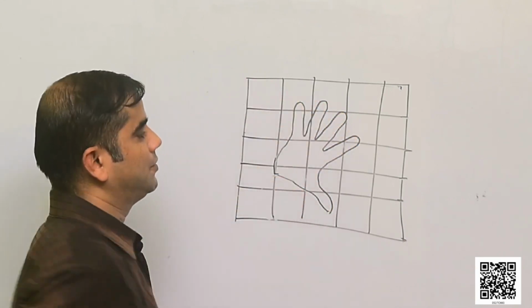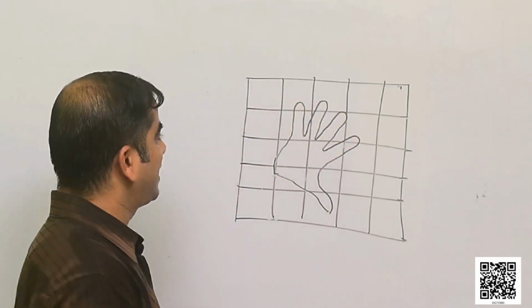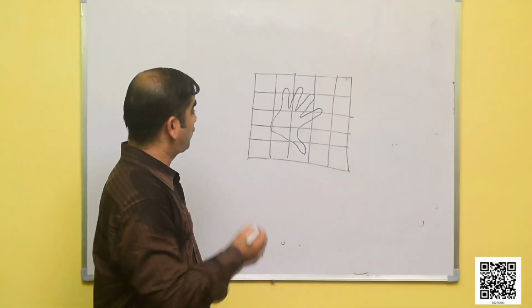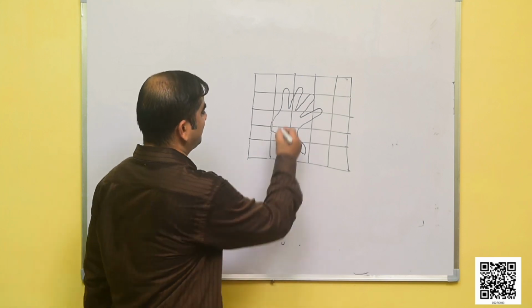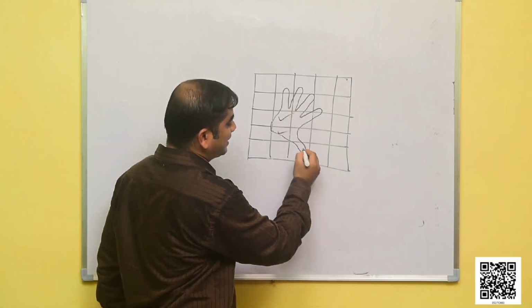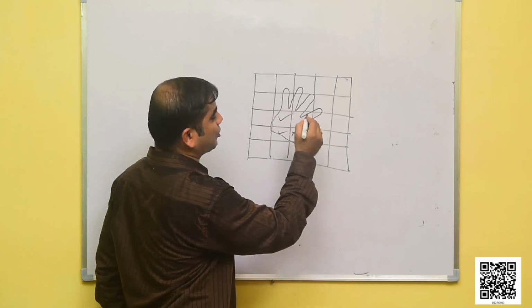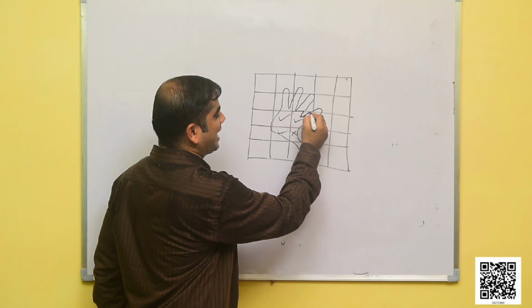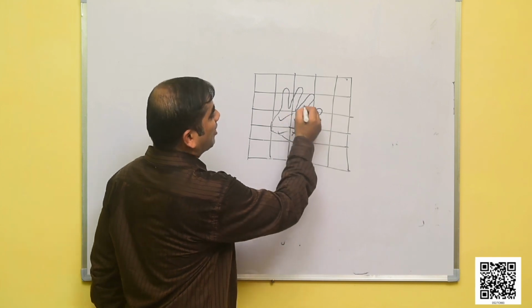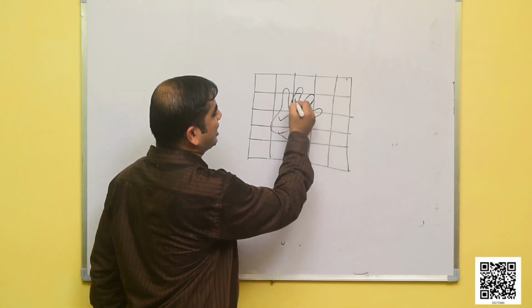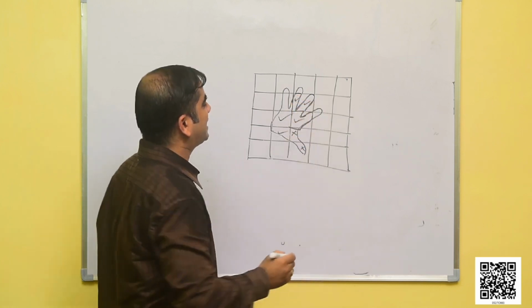Fine. So now let us check how many squares are within the boundary which are full or more than half. This is more than half, this is more than half, this is not included, this is also not included. This square is included because it has area more than half. All these squares I can include because altogether it is more than half.